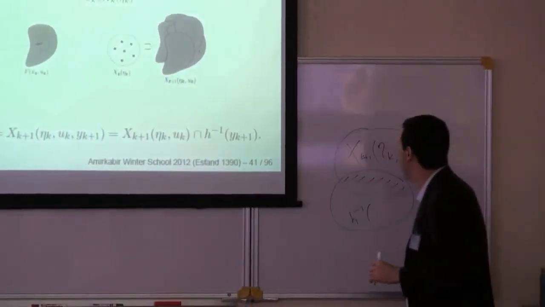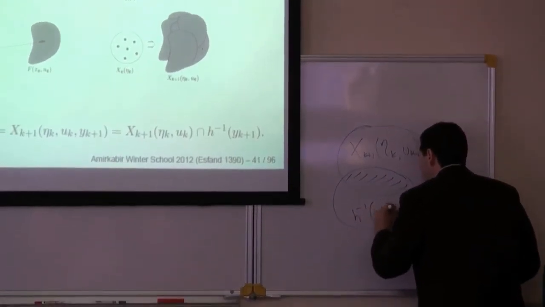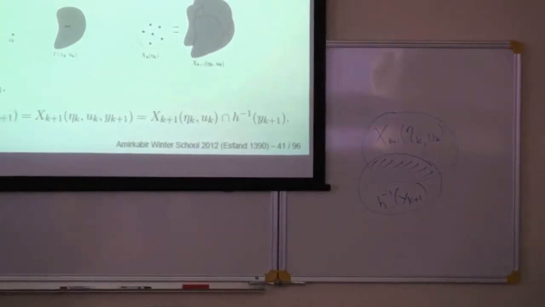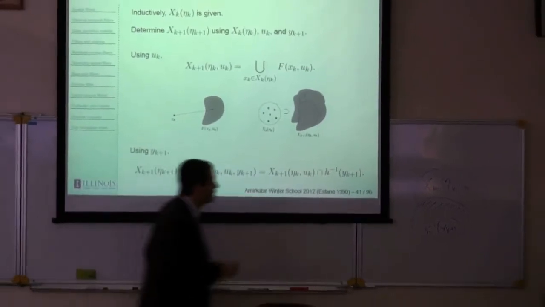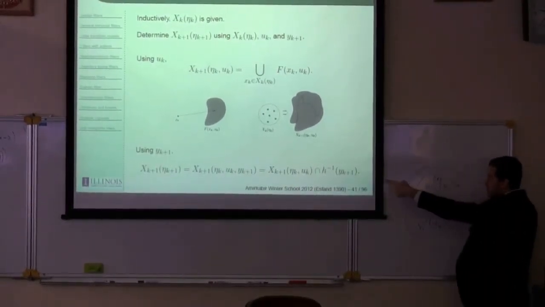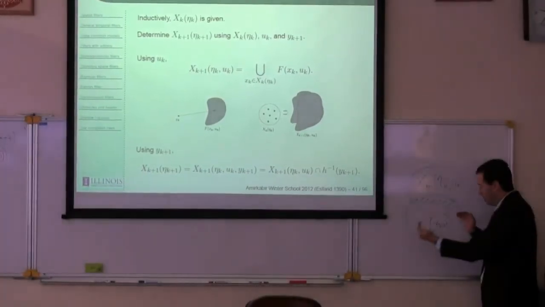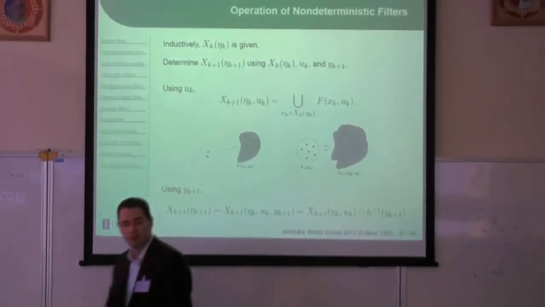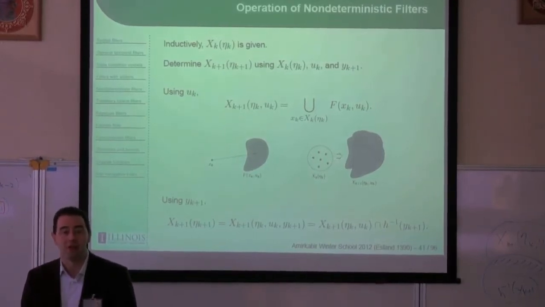If I have that, and then I get the new observation yk plus 1, don't I just do that? I used all of my previous information and the current action to calculate this set of possible states, and then I get one more observation. Anytime I get an observation, I just take an intersection using the pre-image of that observation. And that's all we need for the filter. That's all we need to keep track of the set of possible states.